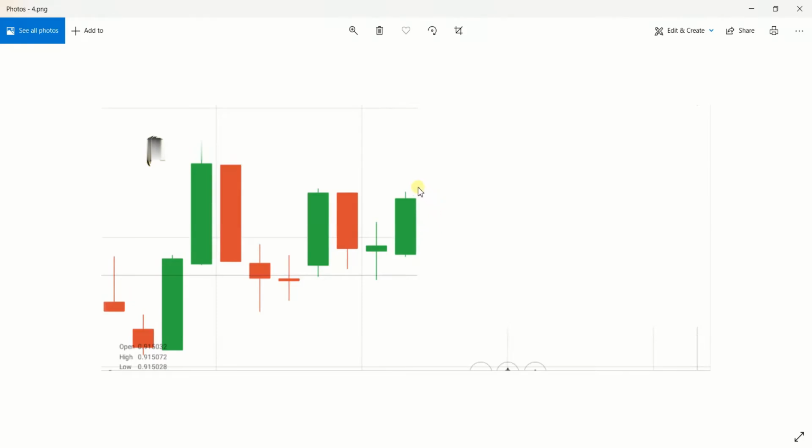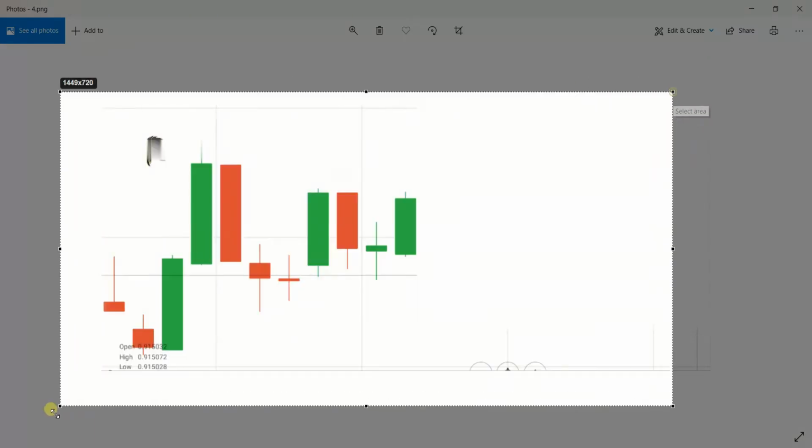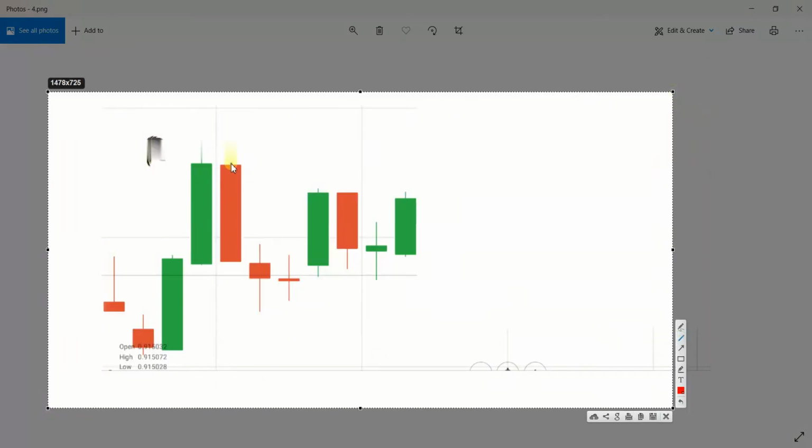Okay, so here you can see the candle made a bullish candle, so we have a resistance level here and also a level here. You can see it broke this trend line, and if you draw clearly here, you can see there is still a small gap.